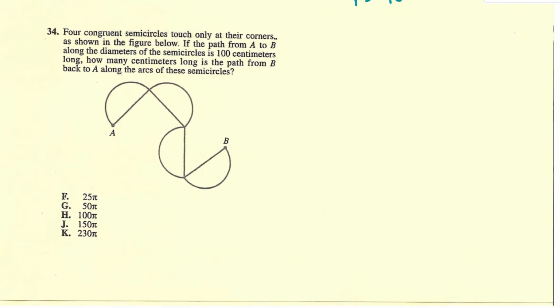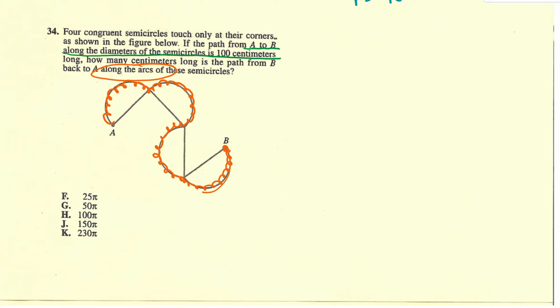All right, number 34. This one says that we have 4 congruent semicircles and they touch at the corners. The path from A to B along the diameters is 100 centimeters. So how many centimeters is the path from B back to A? What they want is this path from B back to A along the arcs right here.